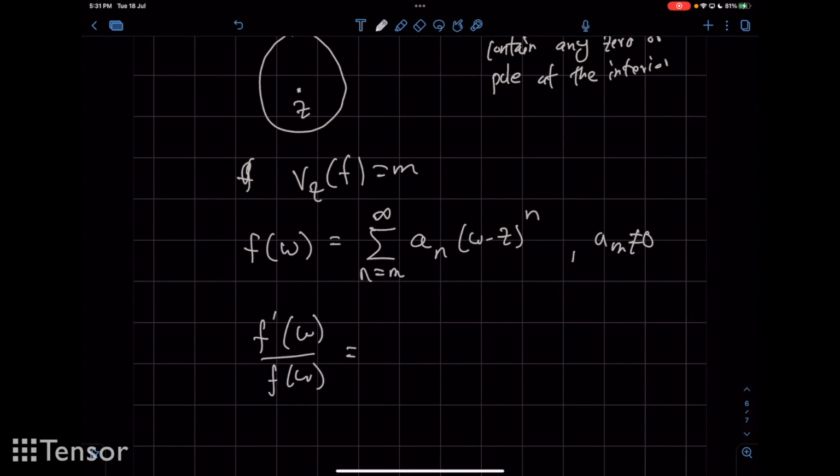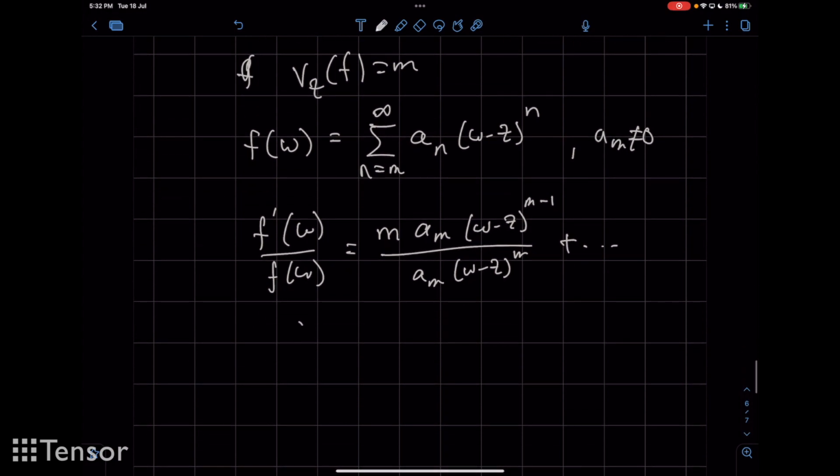So what's the differentiation of the first term here? It's m a_m (w minus z) to the power m minus 1. And the first term here is a_m (w minus z) to the power m, right?